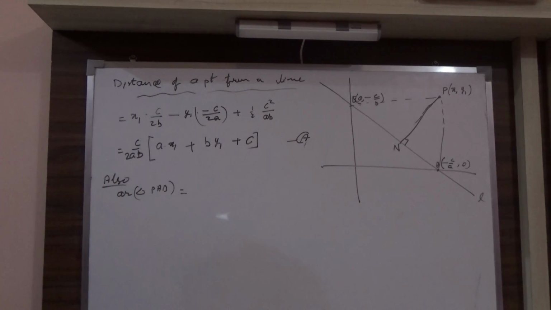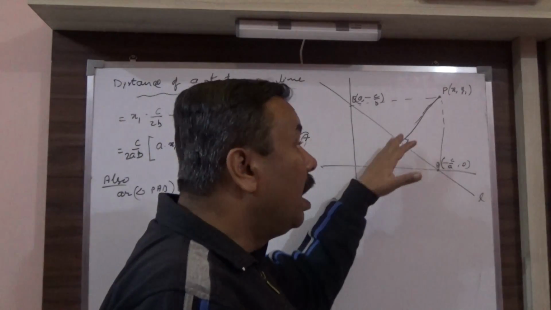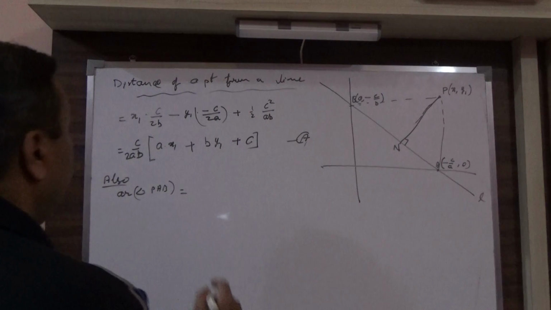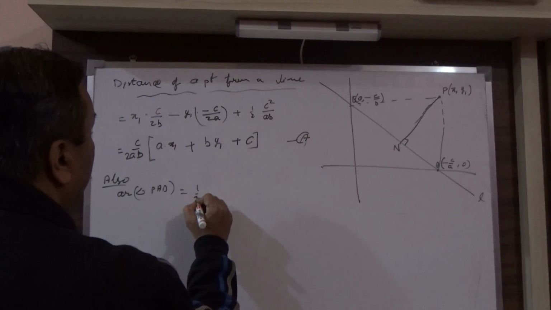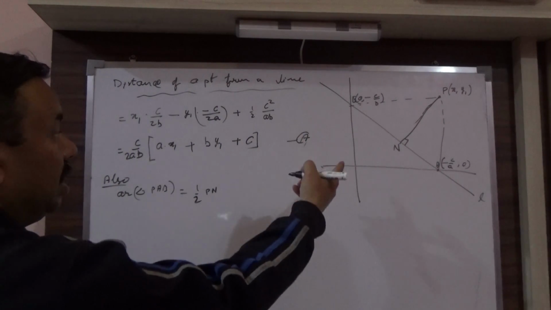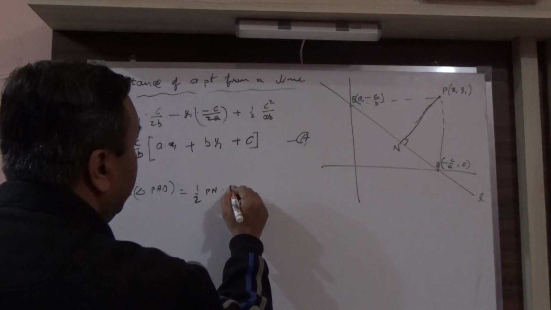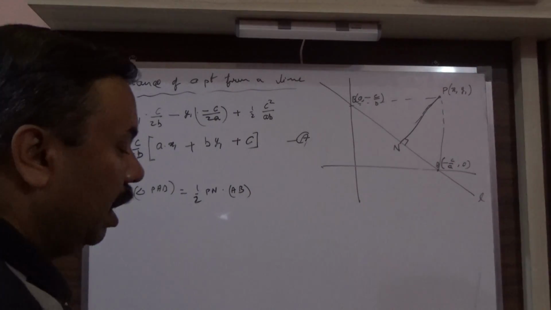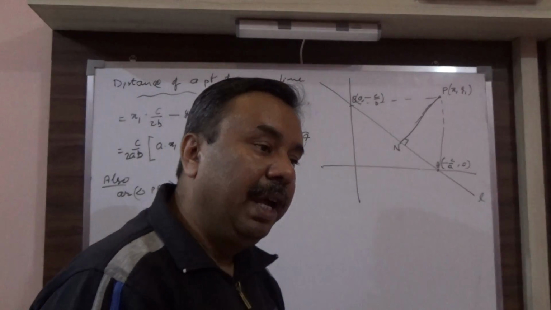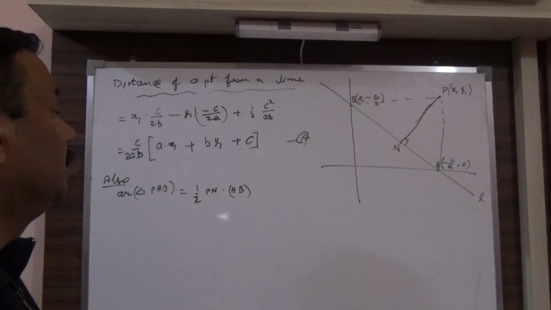What will this be equal to? Half of base multiplied by height. So it will be half of PN, that is what I have to find out, multiplied by AB. And what is AB actually?